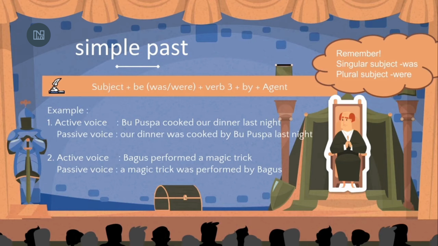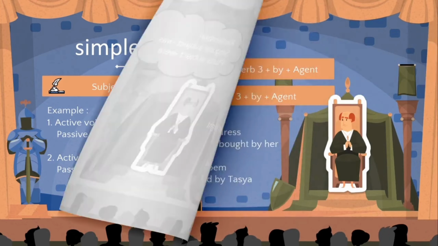You can change it into a passive voice, our dinner as a subject, and then we use was because the dinner is a singular subject, and cooked verb 3 by plus agent Bu Puspa. Last night is adverbial of time and it's optional. Okay, let's say the formula once again. Subject plus be that was or were plus verb 3 plus by plus agent.